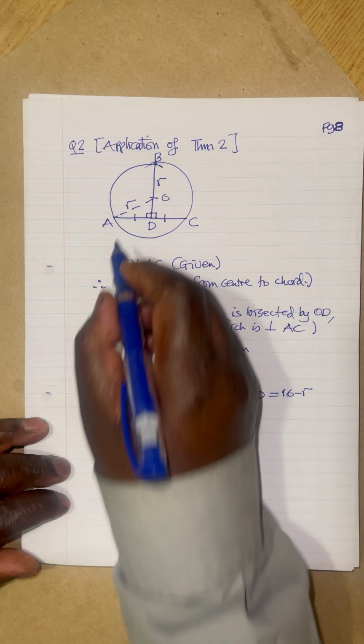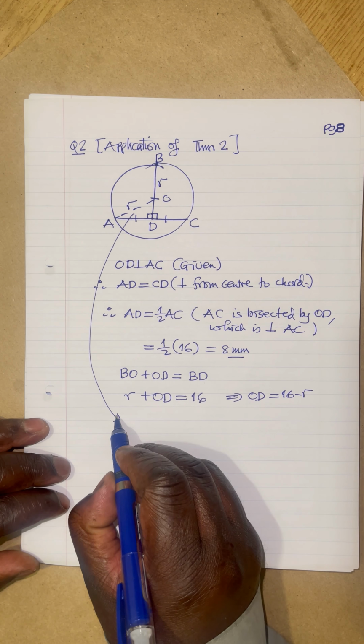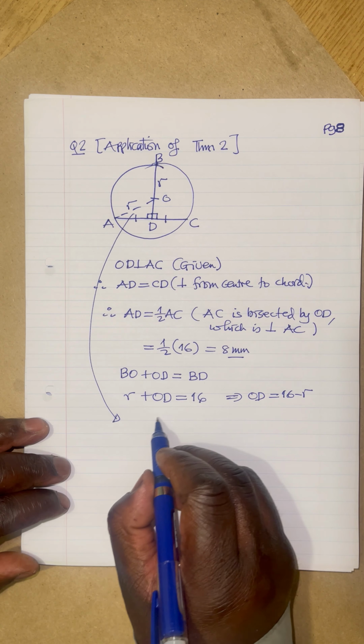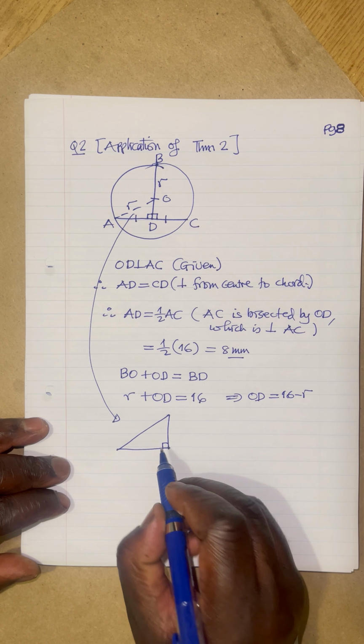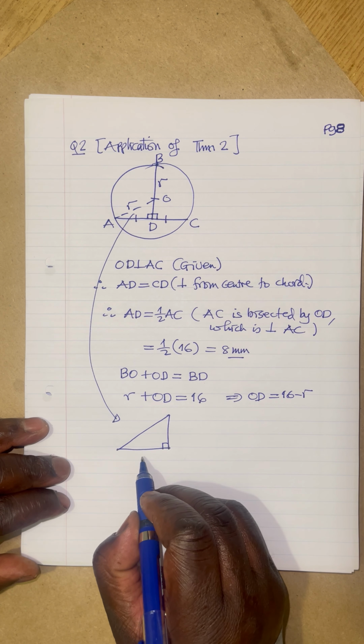Now, pulling out this triangle here, like we did in example in problem 1, we're going to get a triangle that looks like this. That length there is actually 8 millimeters.